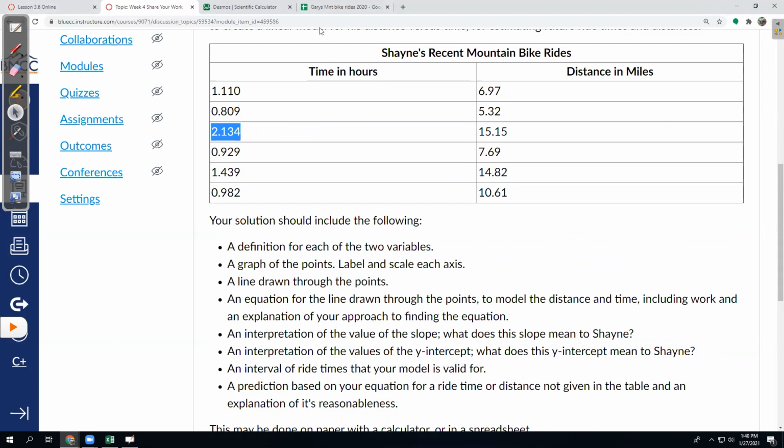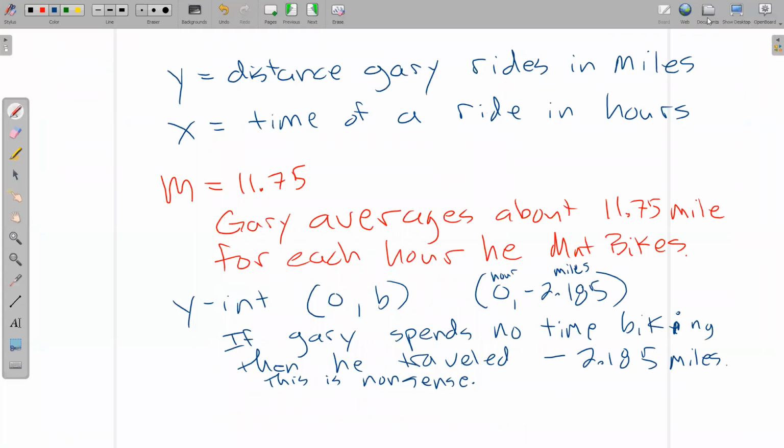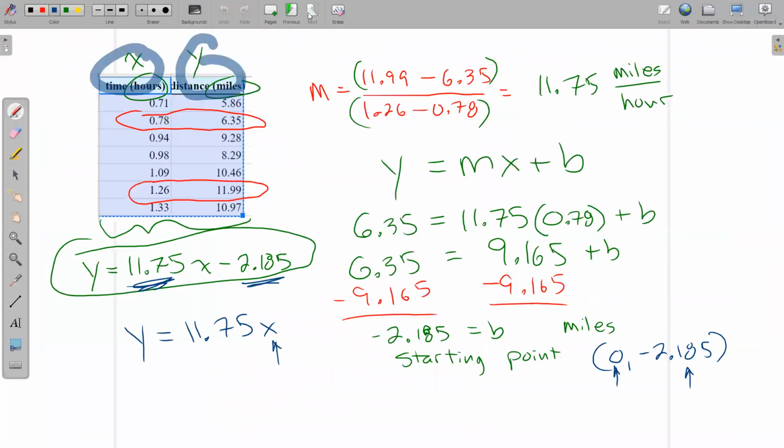So if I look back at my data, let's go find my spreadsheet or my table. Here. Yeah, so looking at Gary's data here, the smallest ride was like 3/4 of an hour, and the longest ride was only an hour and 20 minutes, 1.33. And that, again, that's 33 hundredths, which is about 20 minutes, a third of an hour.